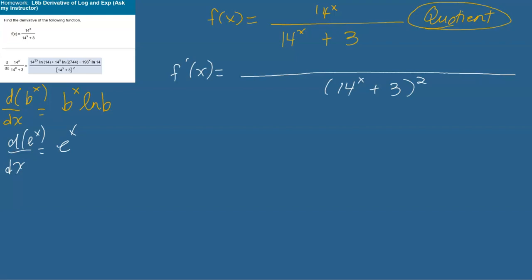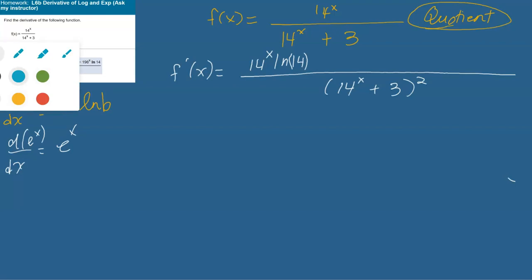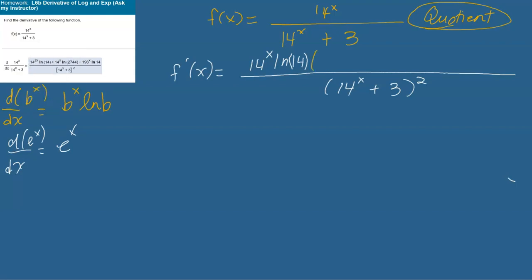On the numerator, you would have the derivative of 14 to the x, which is 14 to the x ln of 14, multiplied by the bottom, which is 14 to the x plus 3.